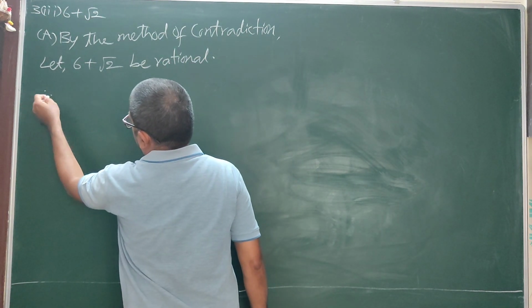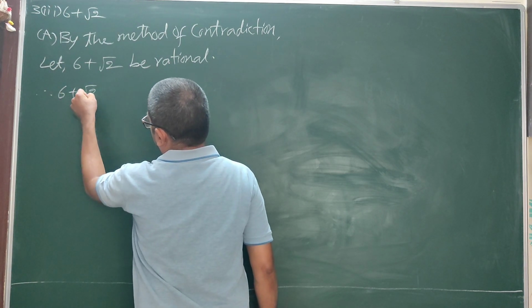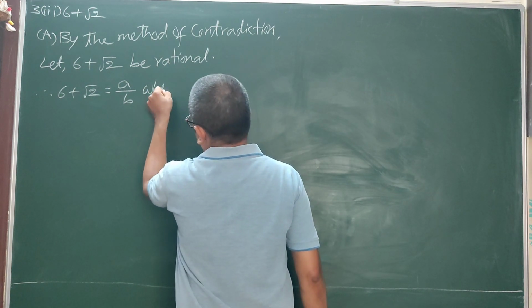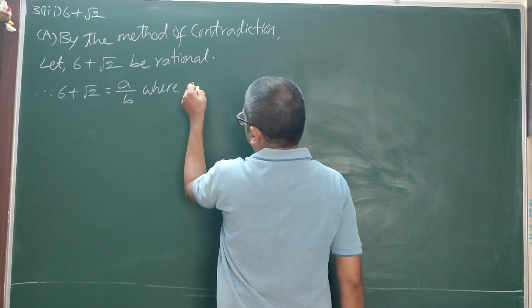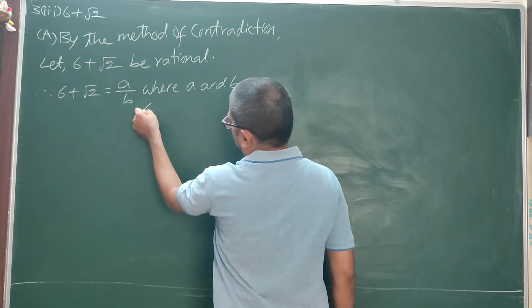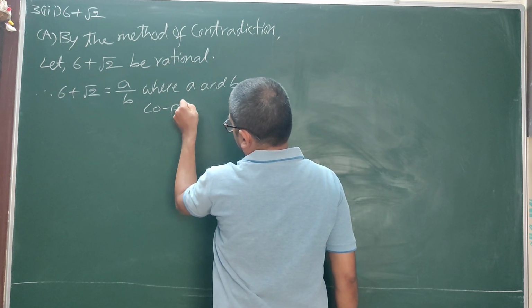Therefore, 6 plus root 2 can be written in the form of a by b, where a and b are co-primes.